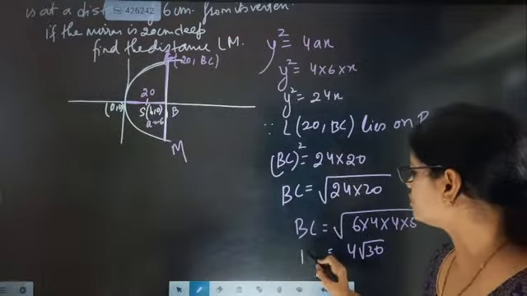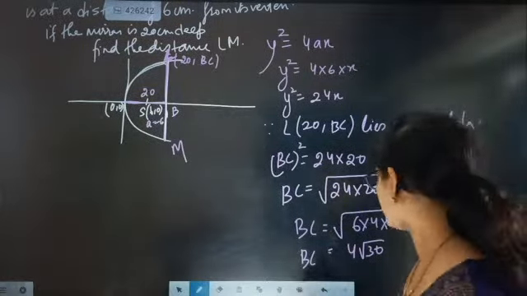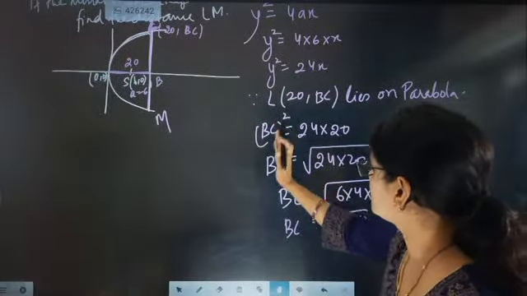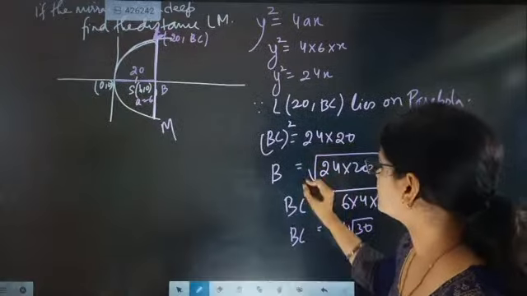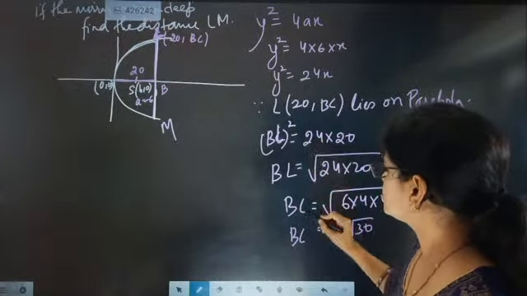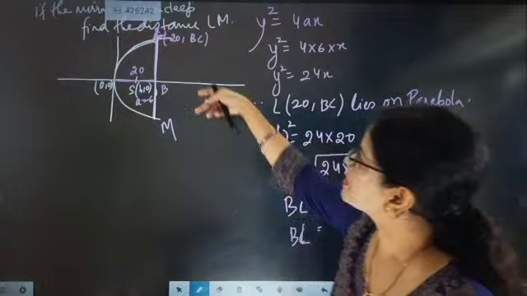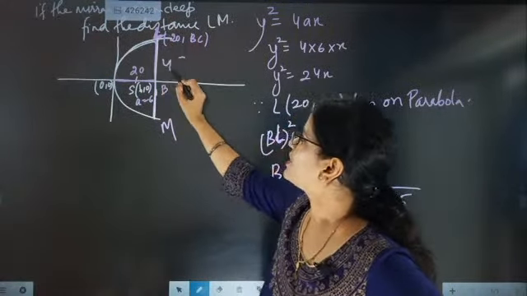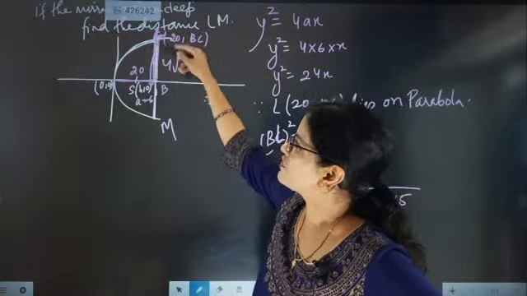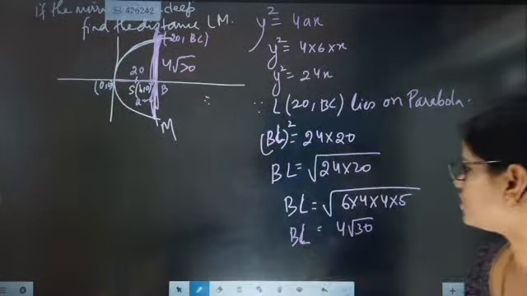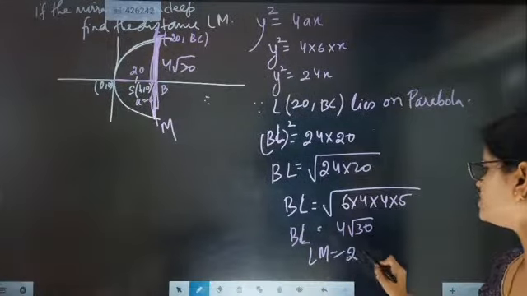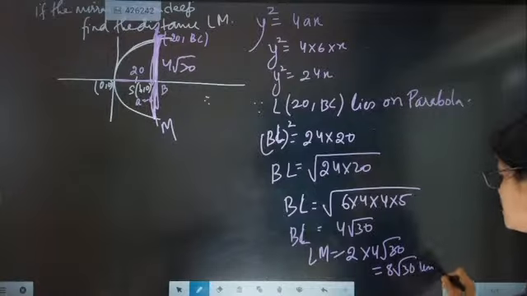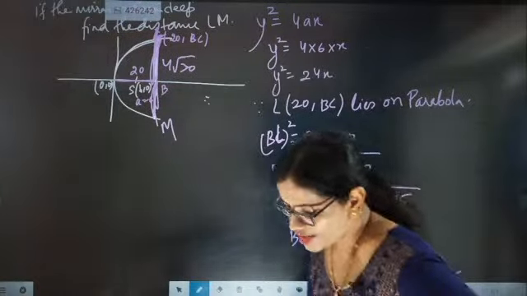BC is coming as 4 root 30. Okay, anyone got 4 root 30? But here beta we have to find LM. Sorry, BL will be coming as 4 root 30. Since it is symmetrical, this half will be equal to this half. So LM will be twice of 4 root 30, that is 8 root 30 units. That's it, story over. 8 root 30 units, yes.